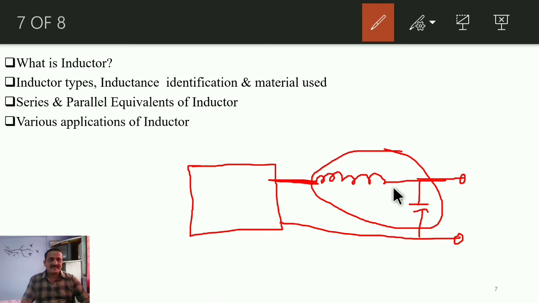So whenever this inductor is in series, it will pass the DC components very easily, because XL equals 2 pi FL. The reactance offered by this inductor to the DC component will be almost equal to 0.